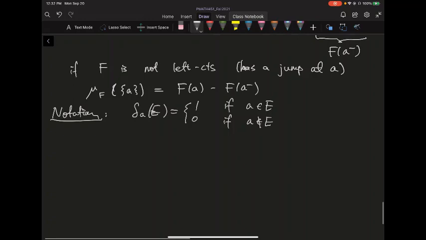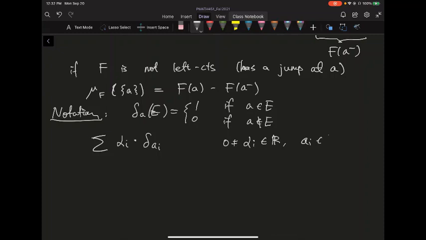We can add them up. We can take a summation of alpha_i times delta_{a_i}, where the alpha_i are in the reals. Let's say they're non-zero, because I don't want to add a zero: zero times that is just the zero measure.